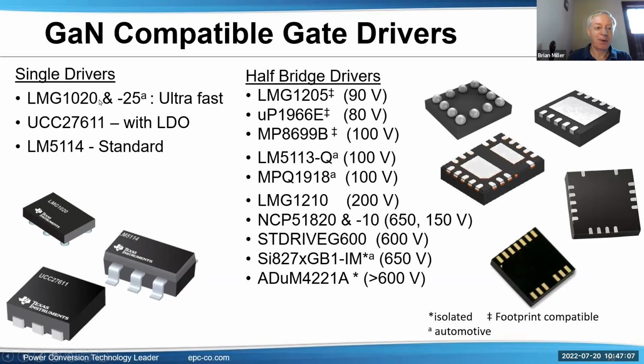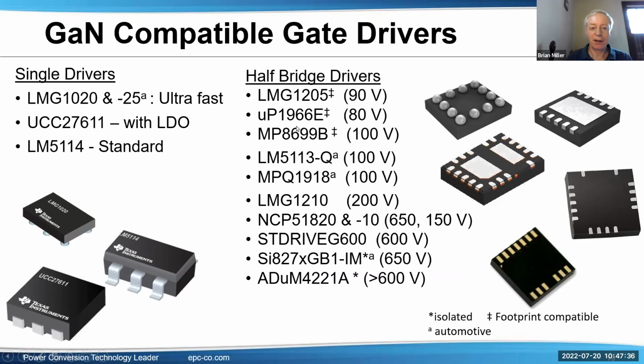So for the fastest operation and best switching, this would be it. Now, there are some drawbacks. It doesn't have a built-in LDO, so you have to provide your own 5 volts and so forth. As far as half-bridge ones, the fastest one might be the LMG1210. But it's 200 volts. If you don't need 200 volts, it's a trade-off.